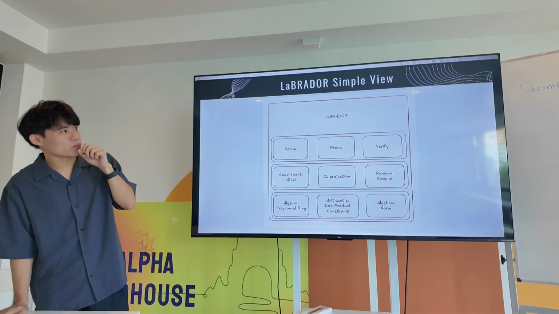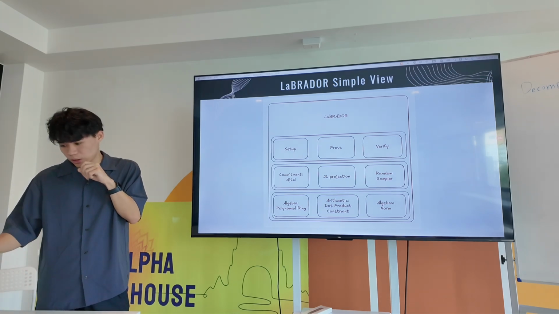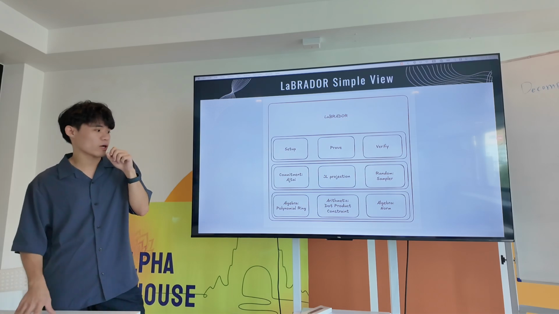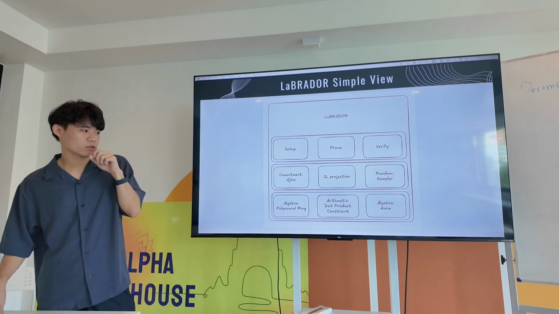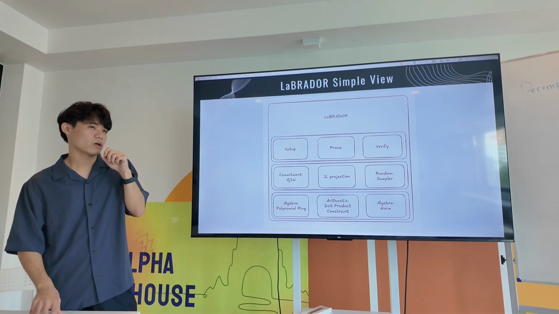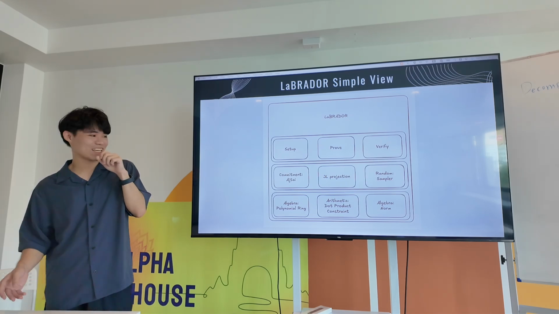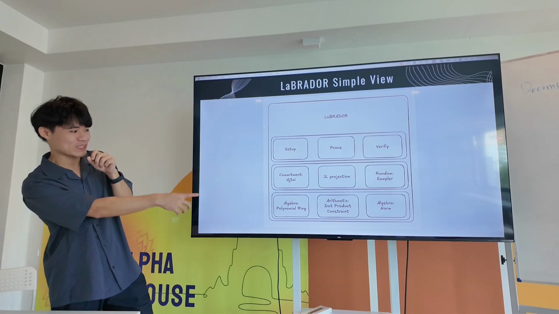Okay, so this is a simple view of Labrador and what the components are. At the low level is the algebra and some arithmetic, called the dot product constraint. They need some front ends like Greyhound and Chihuahua, which they name for this arithmetic.